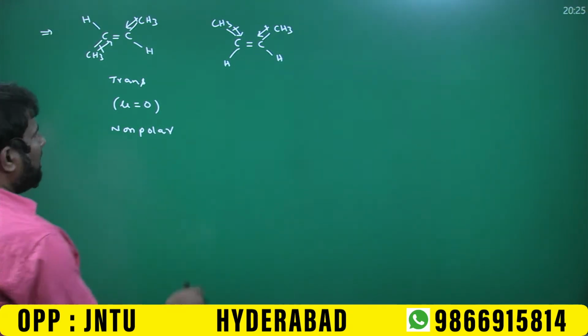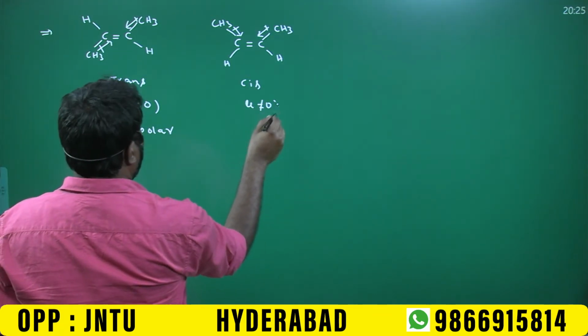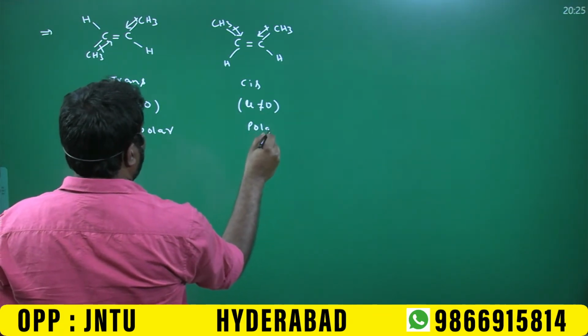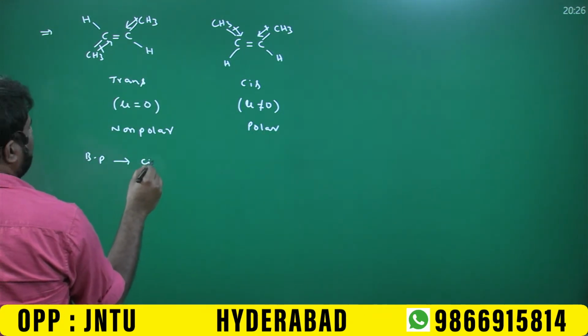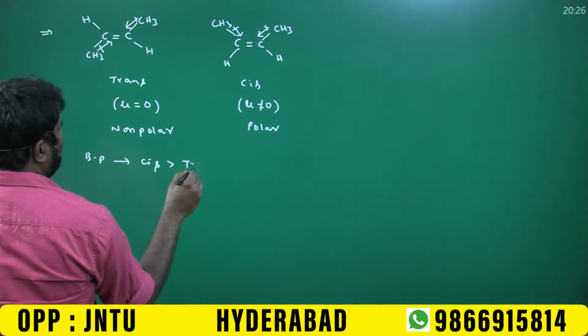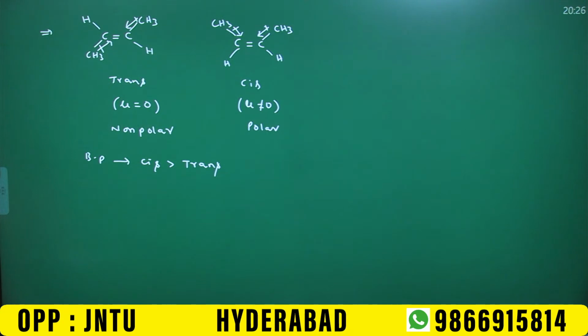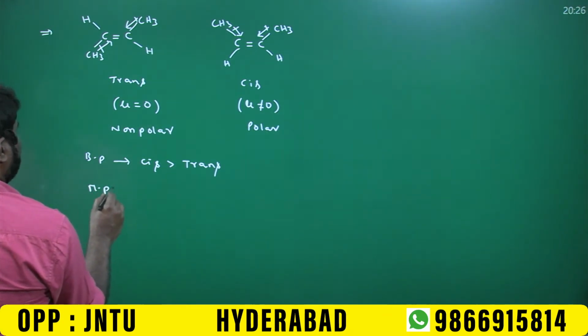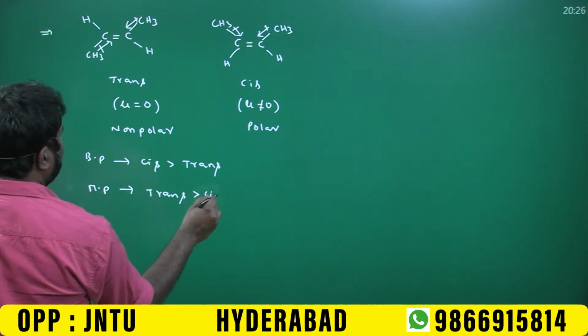Merging means for cis dipole moment is not equal to 0, which is polar. So the boiling point of cis is greater than trans, because in polar molecules dipole interactions are present, giving more boiling point. While for melting point, trans is greater than cis.